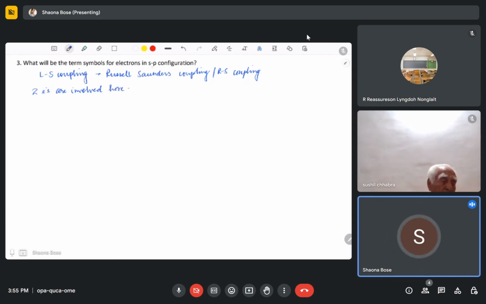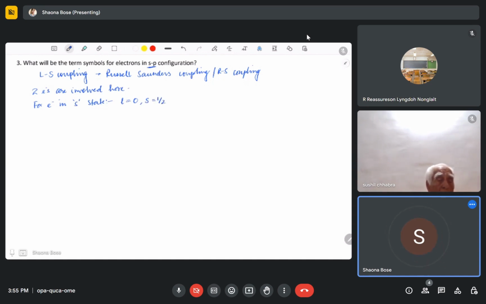Yeah, here. Okay, because I have mentioned that this is in sp configuration. So for the electron in the s state, L is equal to 0, right?